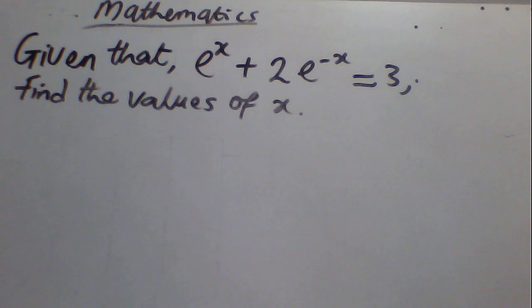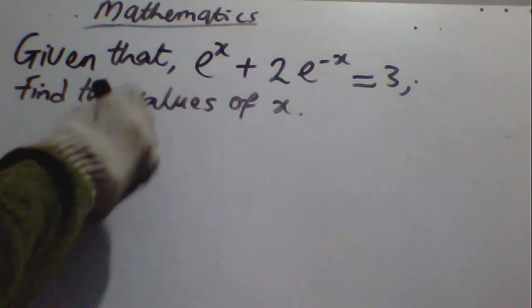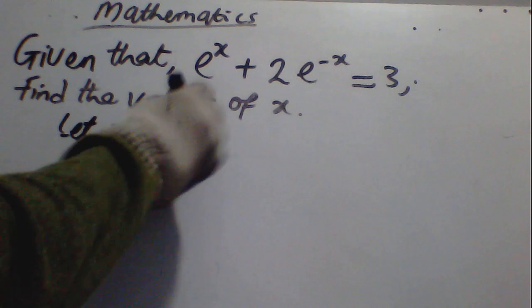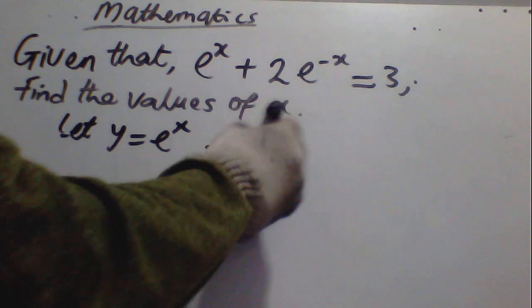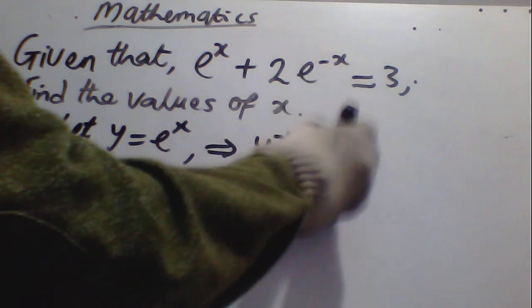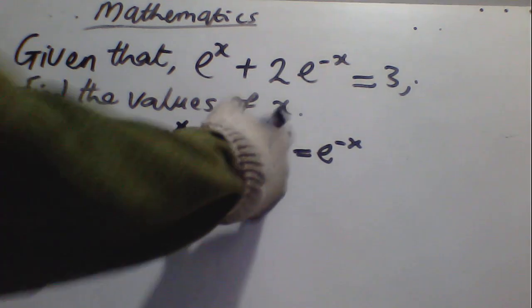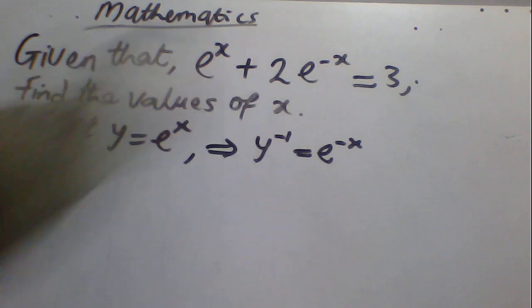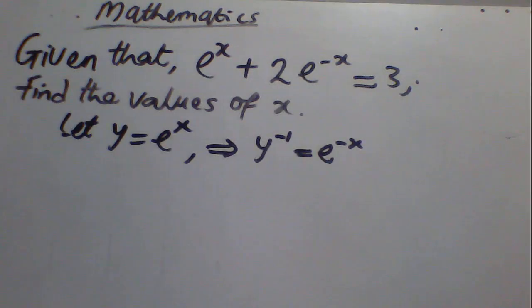So the first thing we have to do to make it easy for us is to assign this e raised to power x a new variable. In this case, we can say let y equal e raised to power x, and that implies that y raised to power minus 1, that is the inverse of y, is the same as e raised to power negative x.